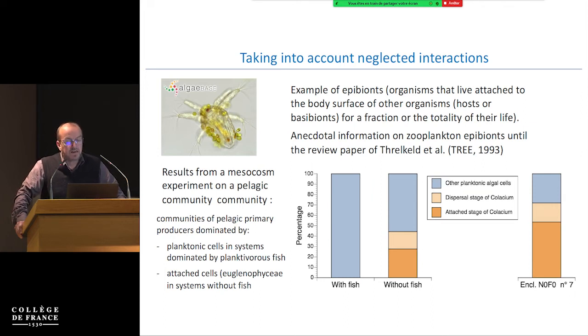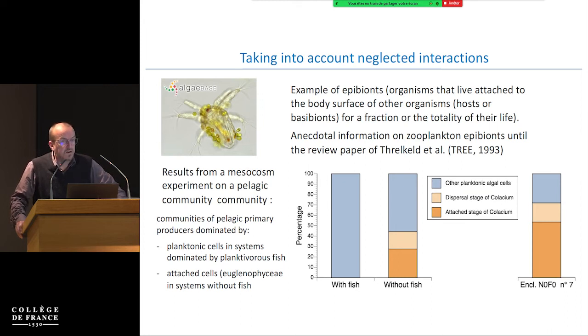I just want to give an example of an experiment I did some years ago, and we published our results. When we published our results, we did not take into account the fact that we had some epibionts on zooplankton. These epibionts were mainly of the genus Colacium, which are Euglenophyceae, and which are primary producers.